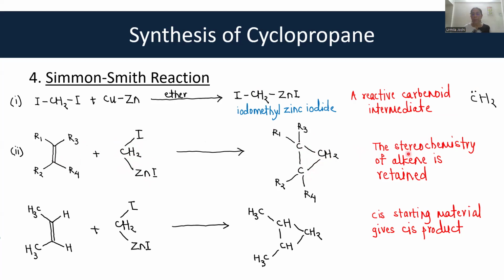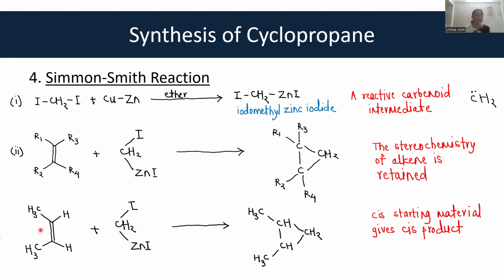One thing to remember over here is that the stereochemistry of the alkene is retained in the reaction. In the sense, if the alkene is a cis alkene, then the cyclopropane that is formed is also cis. If the alkene is a trans alkene, then the cyclopropane that is formed is also trans.